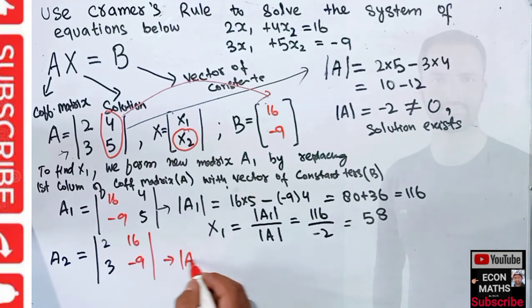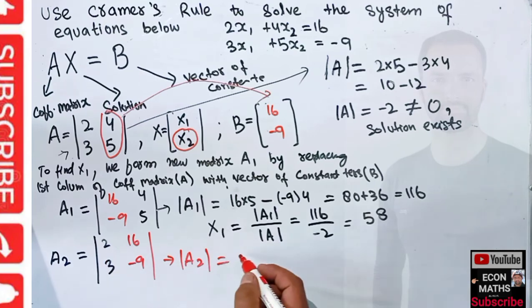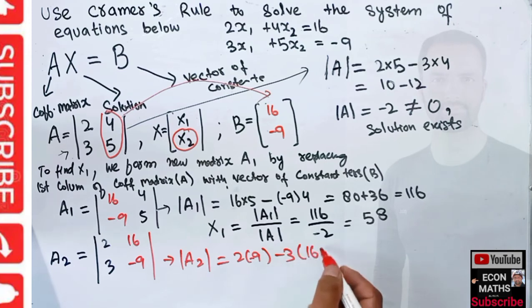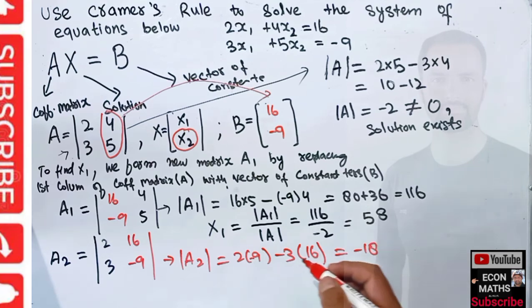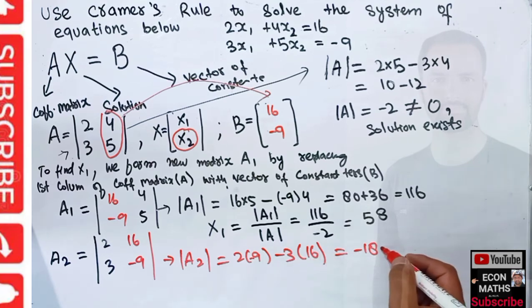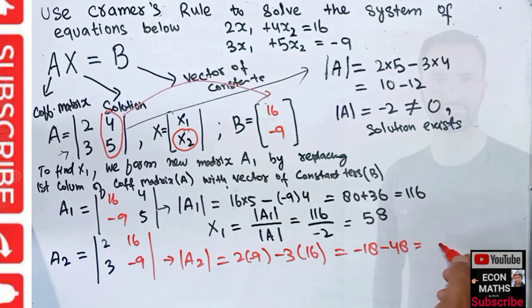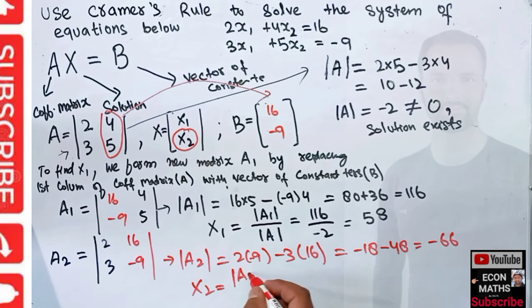Now what is the determinant of A2? Similarly, 2 into minus 9 minus 3 into 16. That is minus 18 minus 48, since 16 into 3 is 48, which comes out to be minus 66. Then x2 is equal to the determinant of the new matrix divided by the determinant of the coefficient matrix.